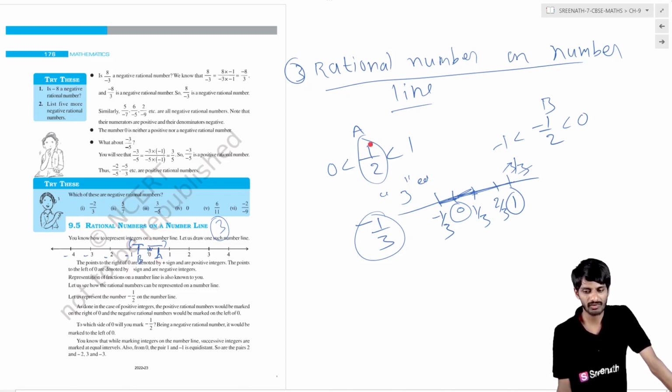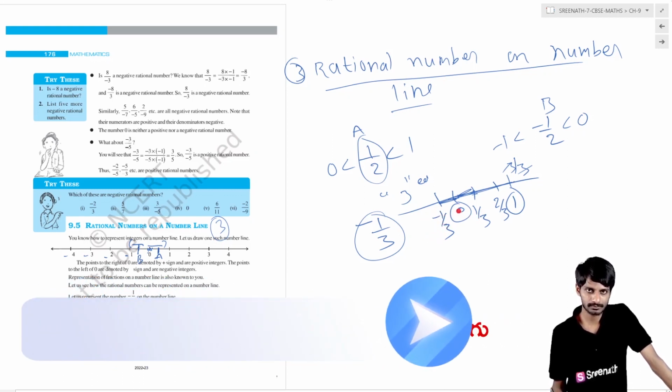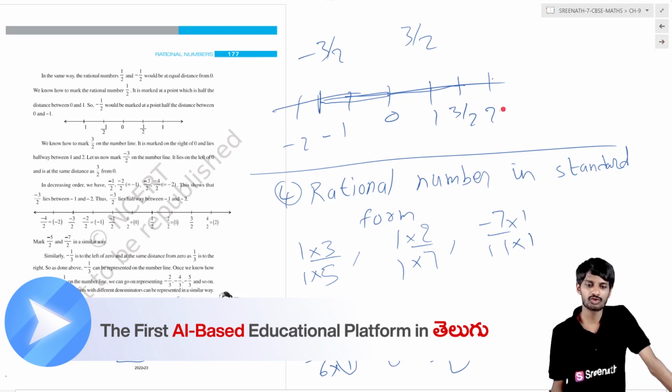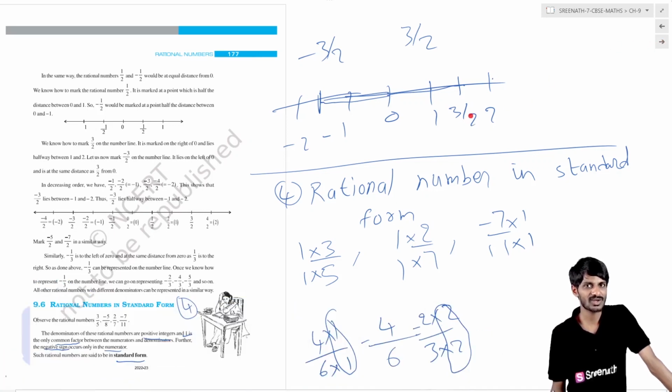If your fraction is 1 by 2, you make the distance between 0 and 1 into two parts, and the first part is 1 by 2. If you want to represent 1 by 3, you make the distance between 0 and 1 into 3 equal parts, and the first part is 1 by 3, the second part is 2 by 3. Like that you will represent rational numbers on a number line.